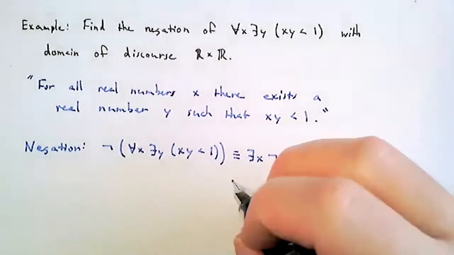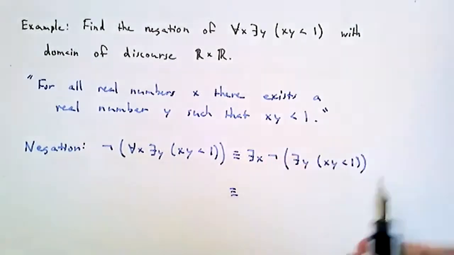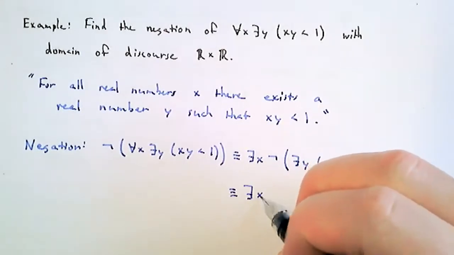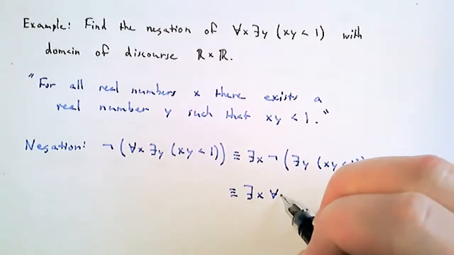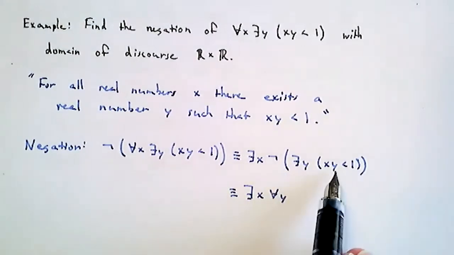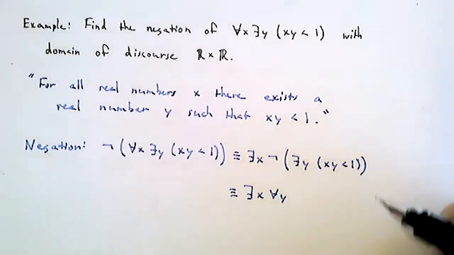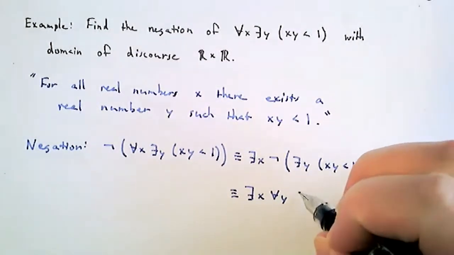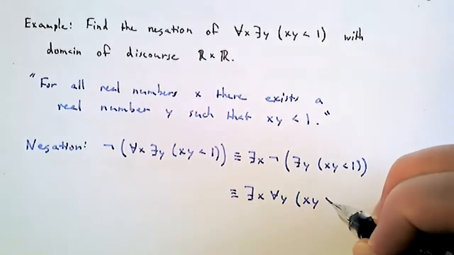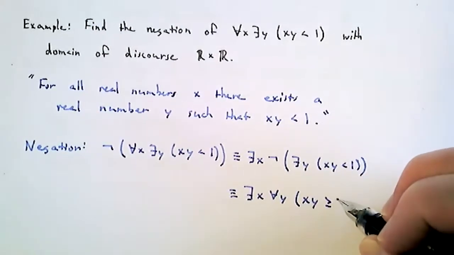And then do that again so that the existential becomes universal. And then you can add the negation just on the outside of this inequality, x times y is less than 1. Or we can just switch it around and say x times y is greater than or equal to 1.